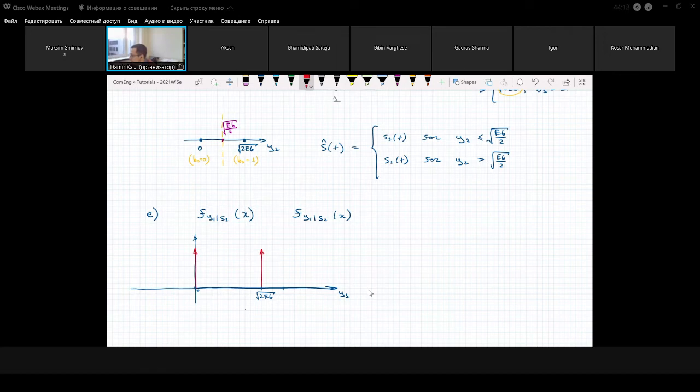There is a question from Gaurav: is this the same threshold detection that we use in PCM detection? I forget what PCM is. If you remind me, I can try to answer. But in general, yes, this threshold is used widely. This is just the middle between two possible values.